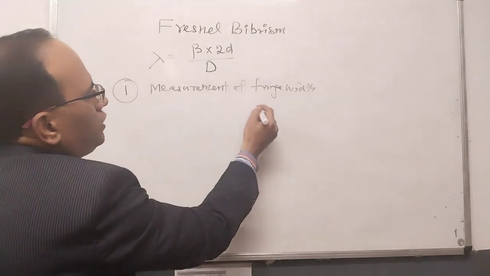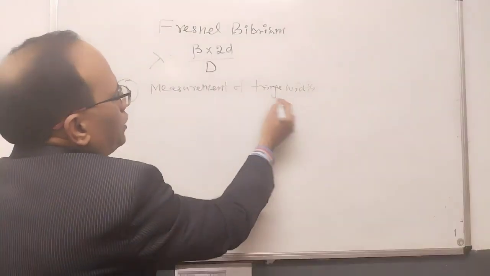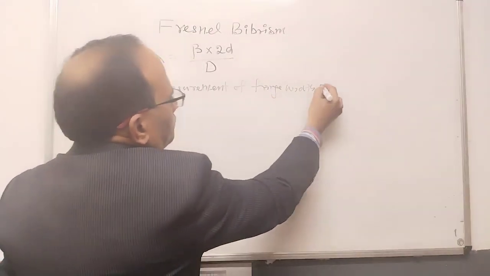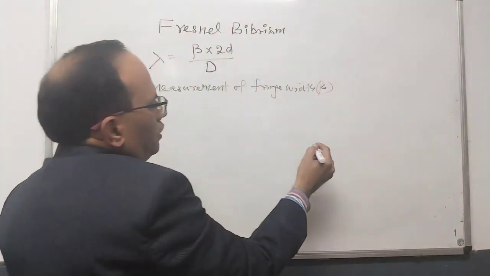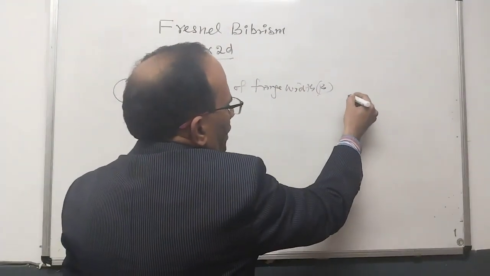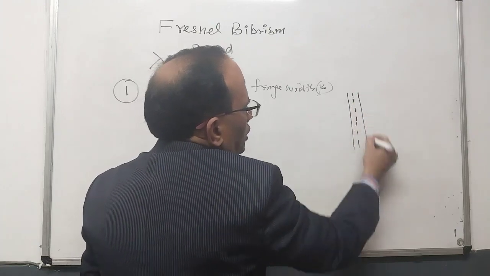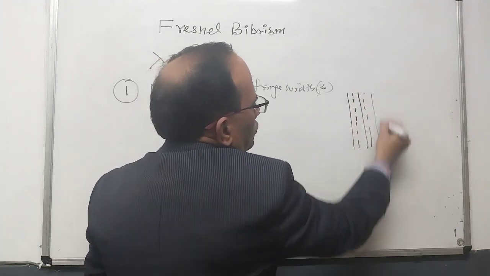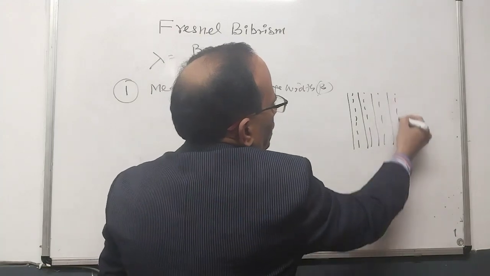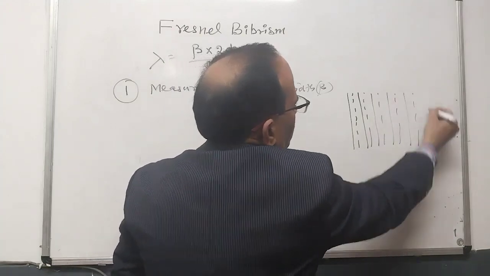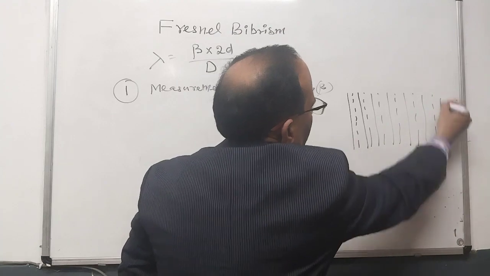So how to find the fringe width beta? I told you that we get the fringe pattern like this: alternate dark, bright, dark, bright. Suppose this is the fringe pattern on the screen. How to calculate the fringe width?